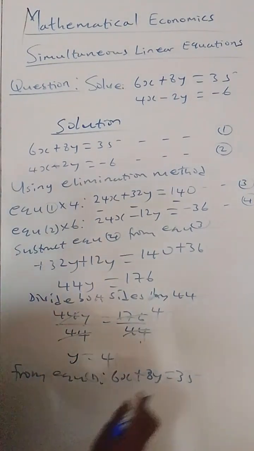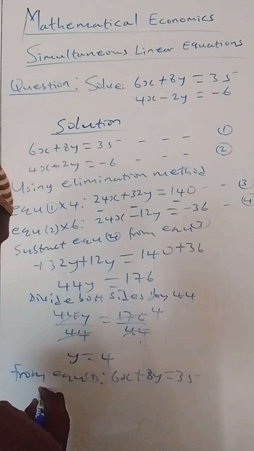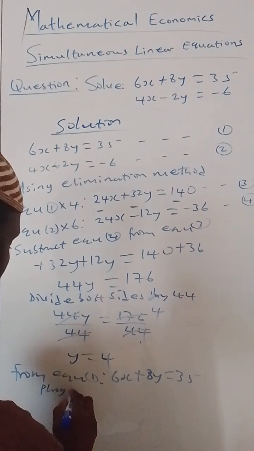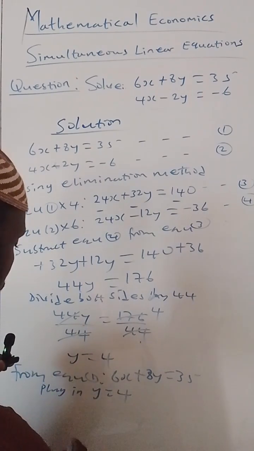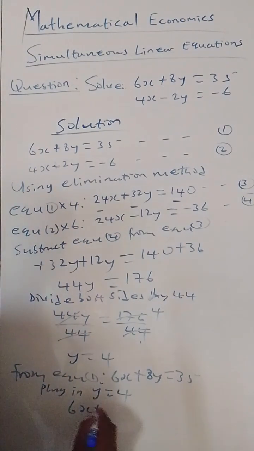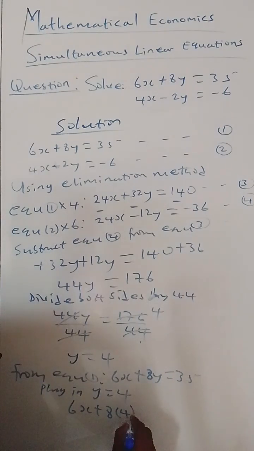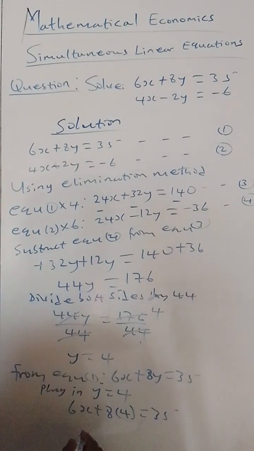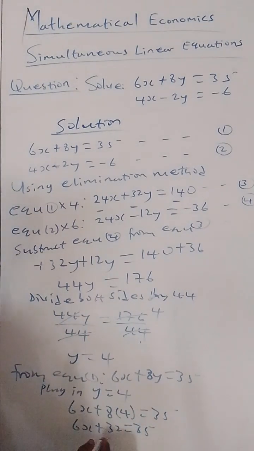Plug in y equals 4, so we have 6x plus 8 times 4, which is 32, equals 35. Now we collect like terms: 6x equals 35 minus 32.